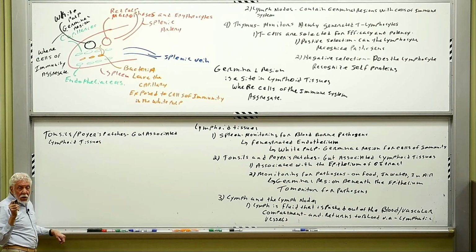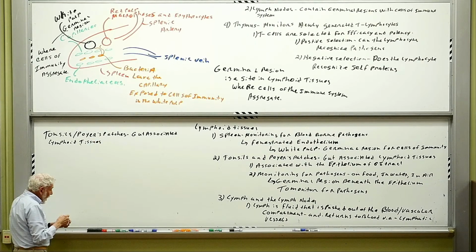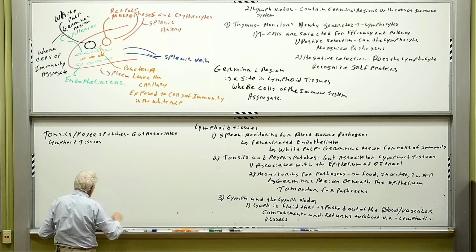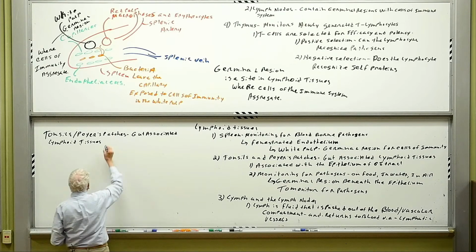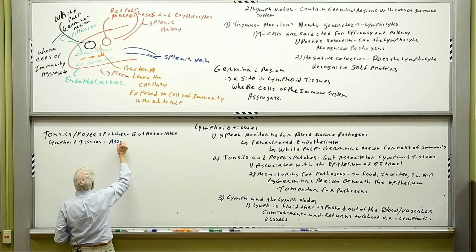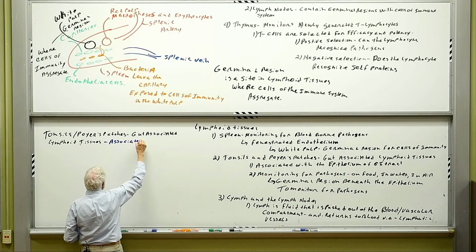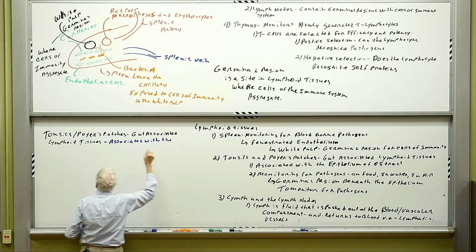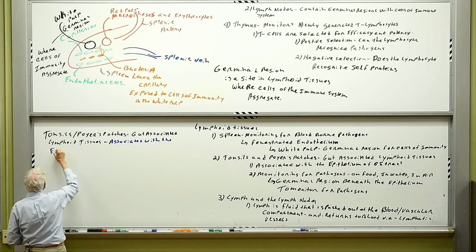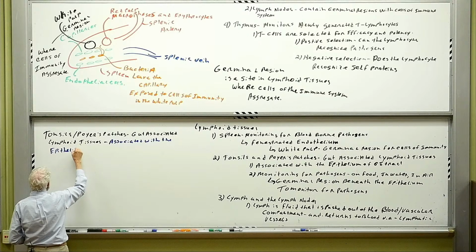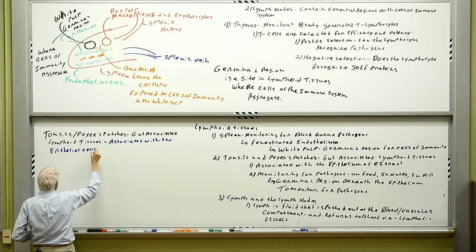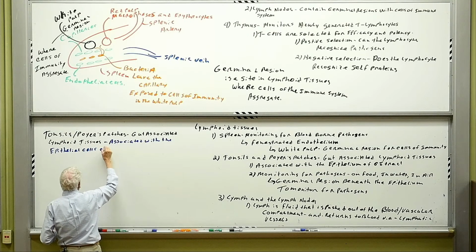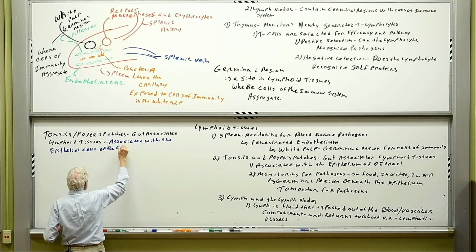Now, what separates these from the other types of lymphoid tissues is that they are associated with the epithelial cells of the GI tract.